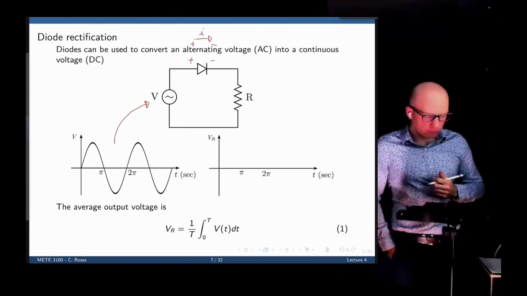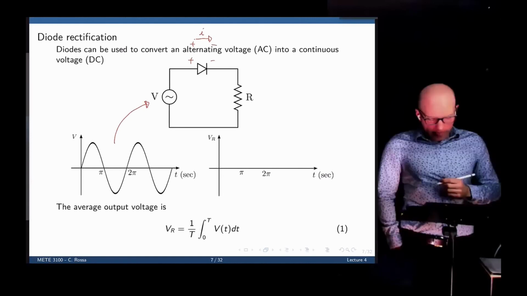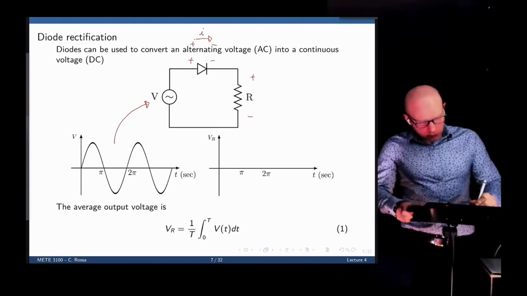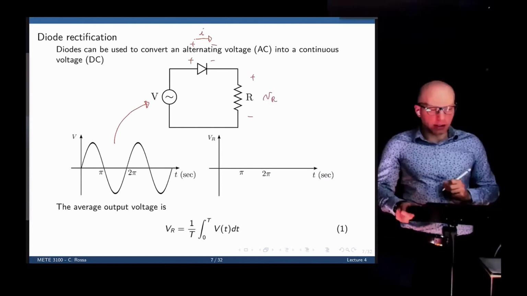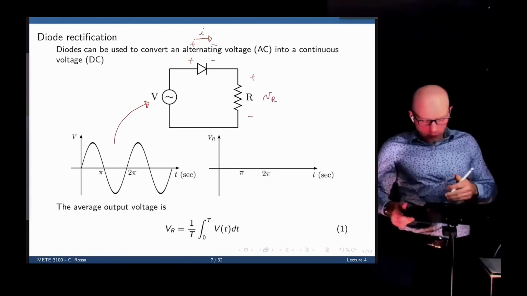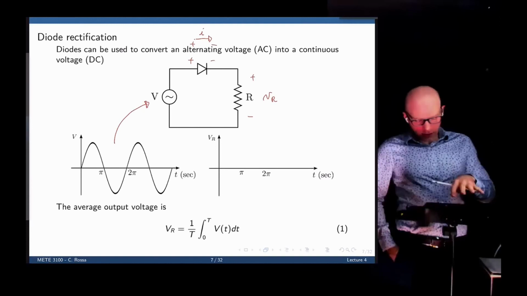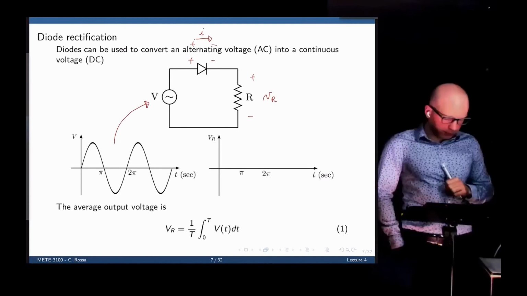And let's see what happens at the voltage across the resistor, VR. If we input this specific waveform in the voltage, what happens in the output?